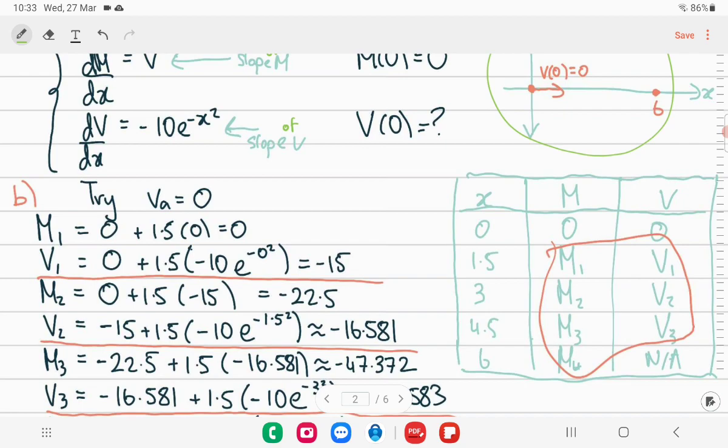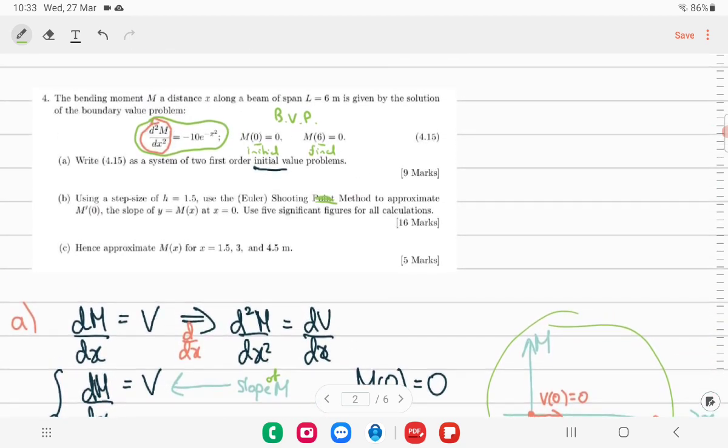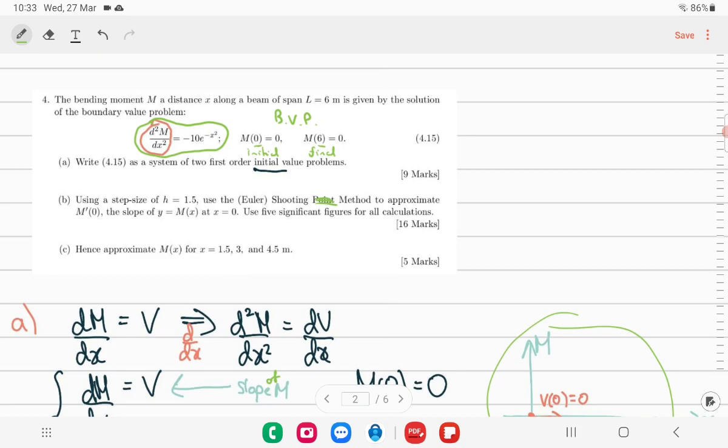Now in this question, you've got a rod of length 6. So you get x equal to 0, x equal to 6, and it's chopped into 4 pieces, each of length 1.5. And the temperature, or sorry, what am I talking about, temperature?